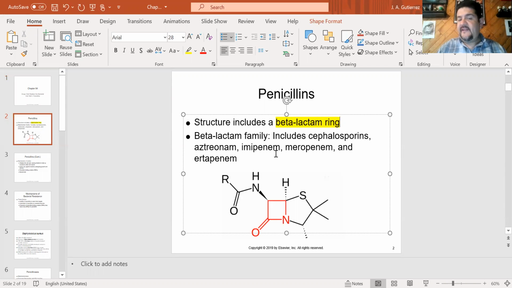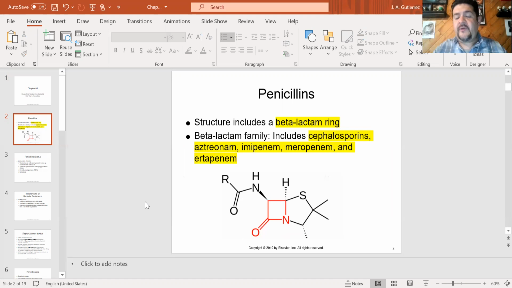And penicillins is not the only family that has this ring. So as you can see here, we have cephalosporins, aztreonam, imipenem, meropenem, and ertapenem. So all of them have a beta-lactam ring that is the one that is responsible for destroying bacteria.